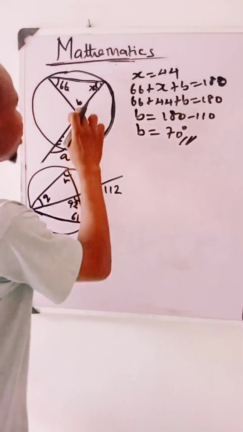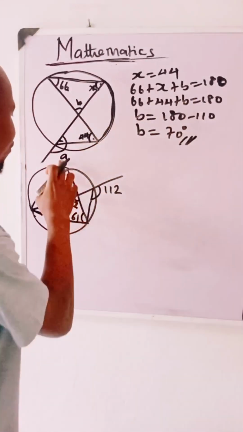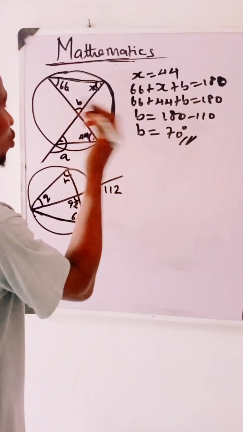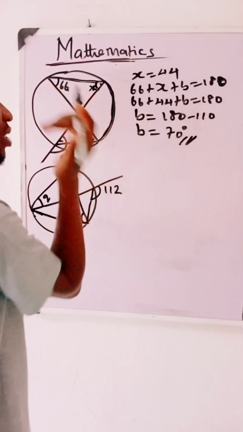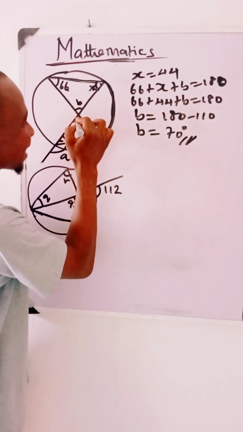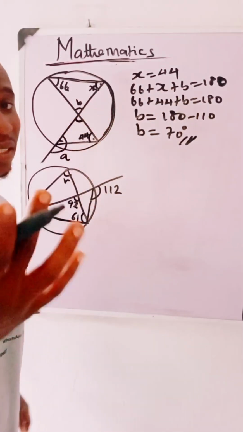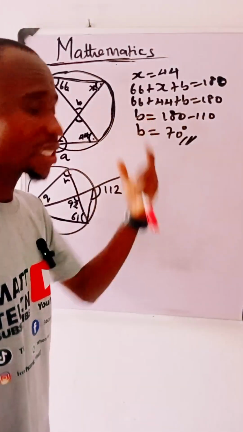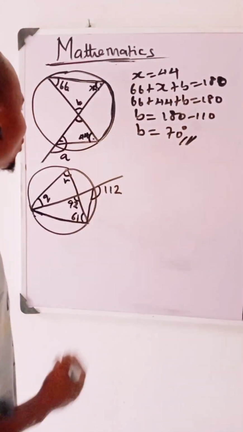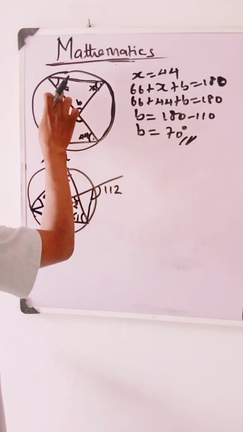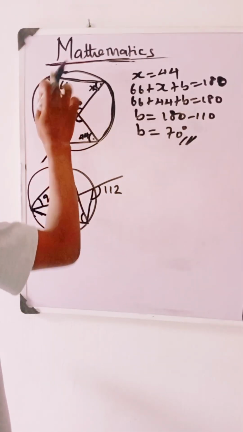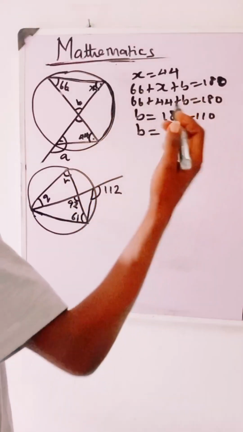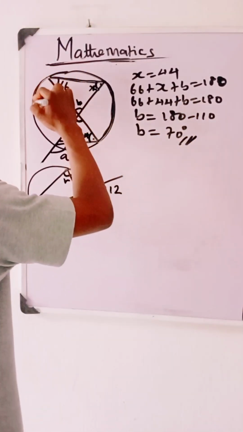Since B is 70 degrees, the next thing is to find A. I have two ways I can use to find A. I can use the fact that B is vertically opposite this angle, but because I'm trying to explain angles in the same segment, angle 66 is in the same segment, the same arc, from here to here.